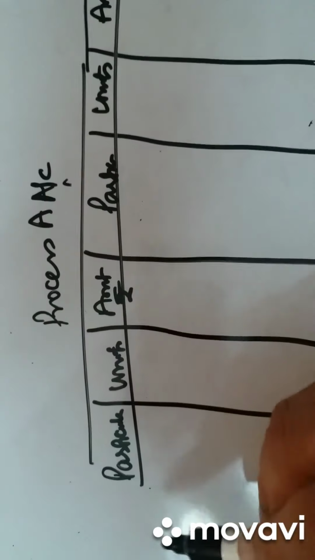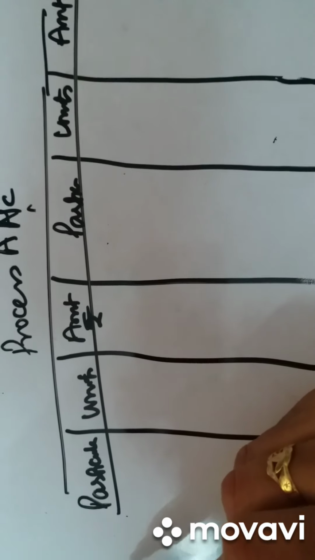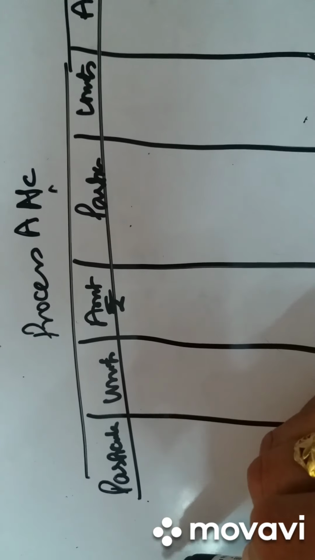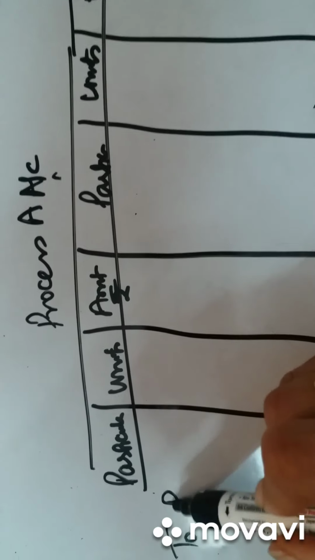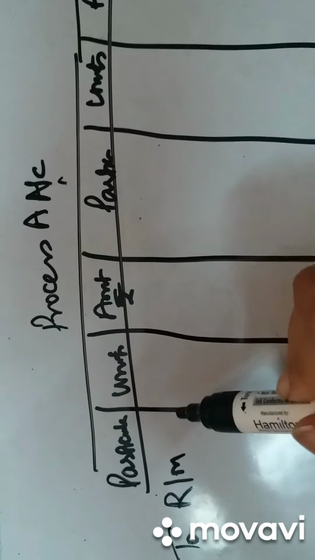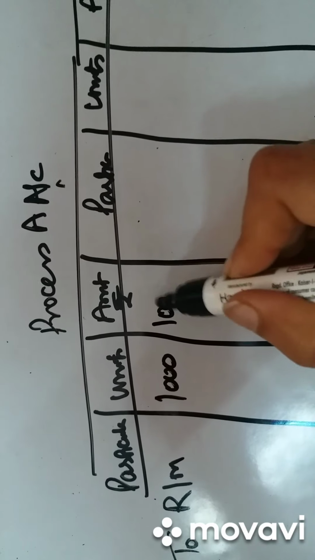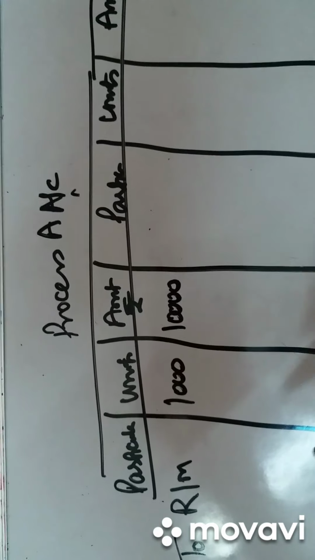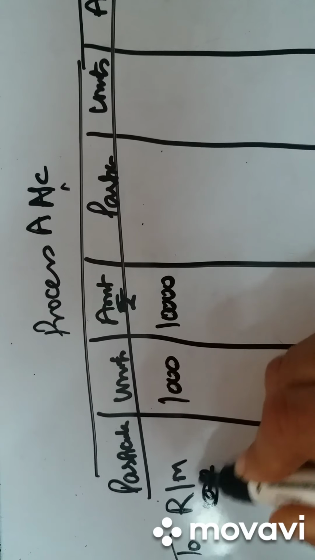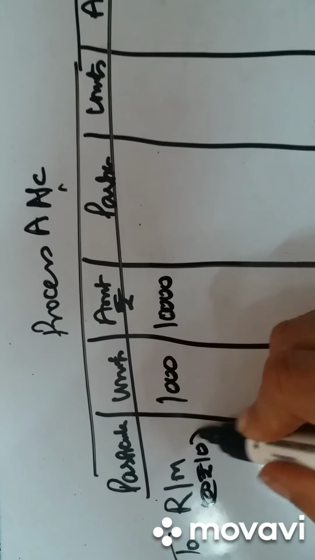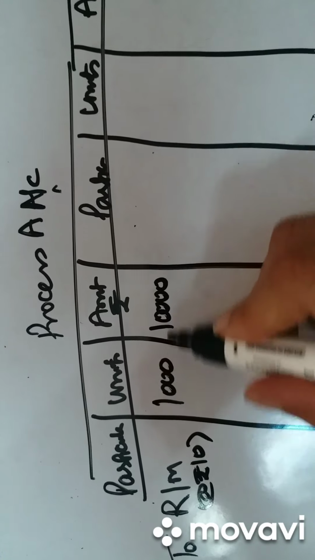Suppose in process A it is given that the raw material units issued to process A are 1000 units at the rate of 10. So they are issued at the rate of rupees 10, suppose given in the question. So 10 into 1000, 10,000.